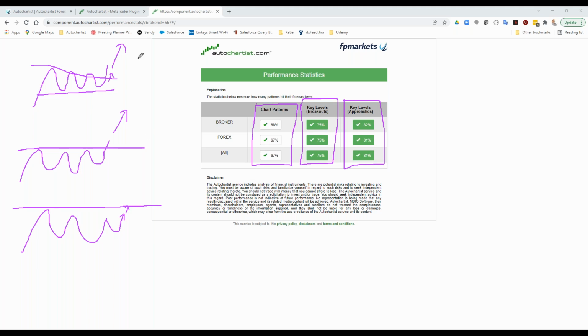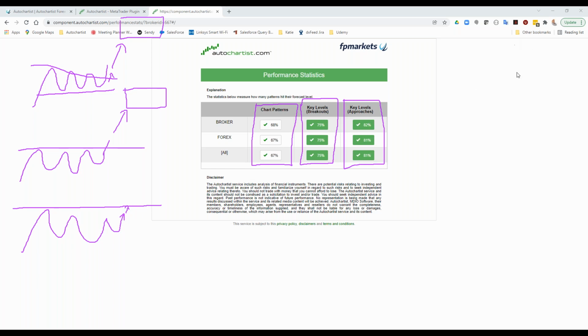So in all 3 of these situations, for the breakout chart patterns we provide a target region, for the breakout key level we provide a target region, and for the emerging key level, the target price is the line itself, right? Because we think that the price is going to retest that level.